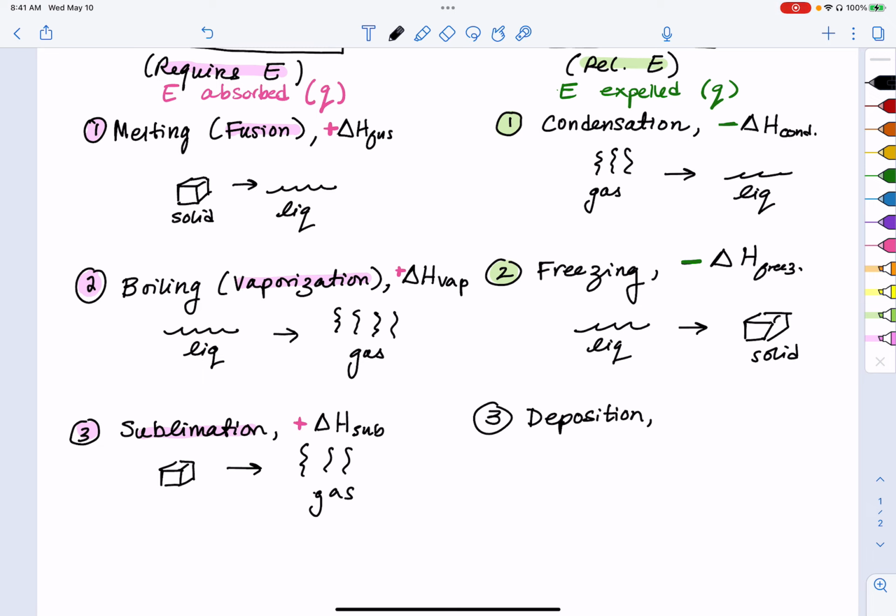This is when you want to take a gaseous substance and use the inherent homogeneity of that gaseous substance to adhere it to some solid surface, so cause it to become a solid. So deposition, again, this is exothermic, and this is where we go straight from our gas phase to our solid phase.